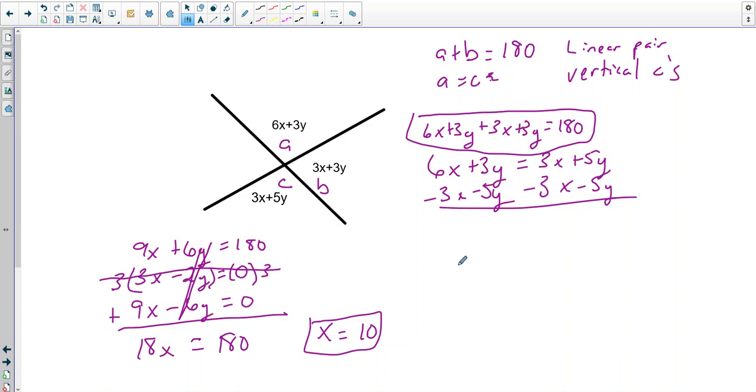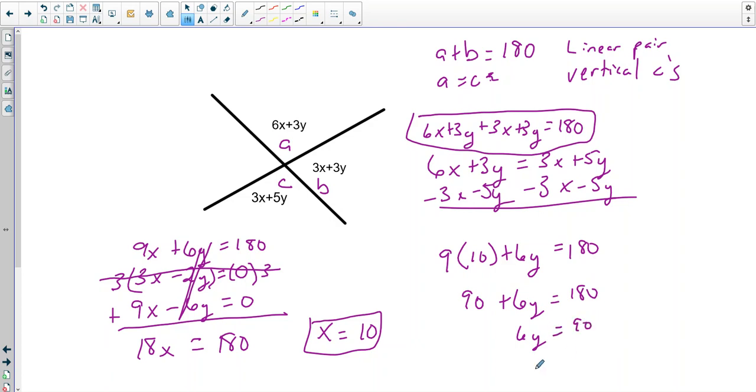So let's look at the top one there, which is 9 times x plus 6 times y equals 180 degrees. So that gives me 90 plus 6y equals 180. So 6y equals 90 and y equals 15. So there I have both values, x and y.